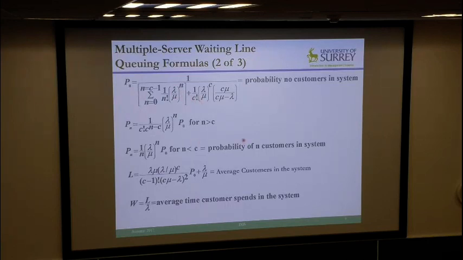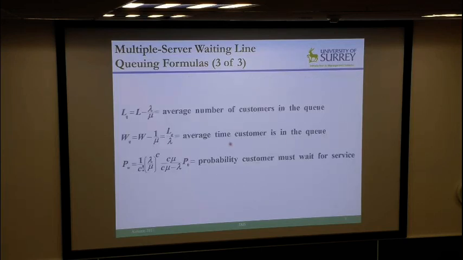Usually the questions will be like a story. You look at the story and figure out the arriving rate, the service rate, and how many servers we have. If we only have one server, cool, that means C equals 1. What if we have multiple servers? That basically means we use those equations.